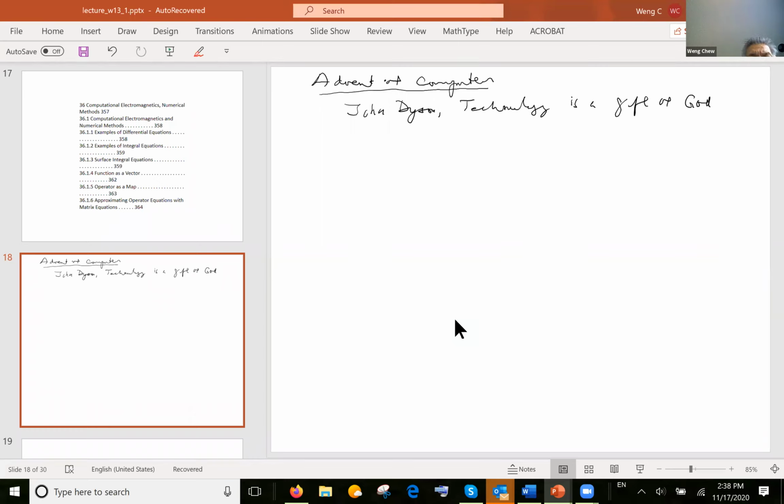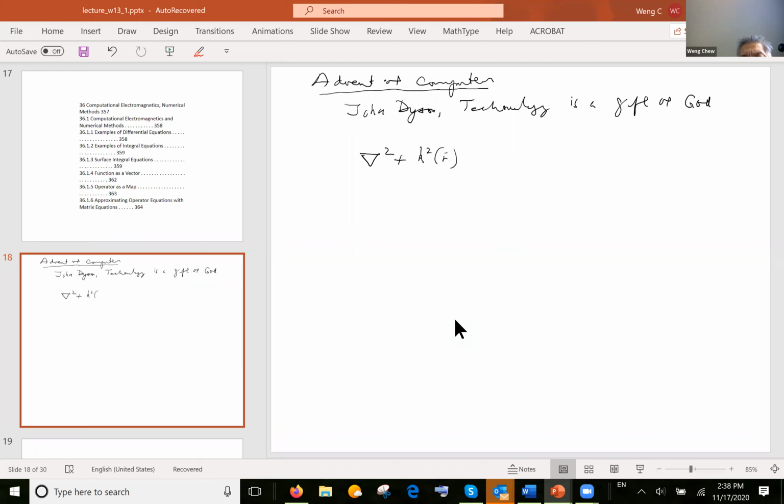So let me describe how we can use technology to help us solve complicated problems. We have been trying to solve complicated problems using analytic methods, and that takes a lot of brain. But we can also use computers to help us solve very, very complicated problems.